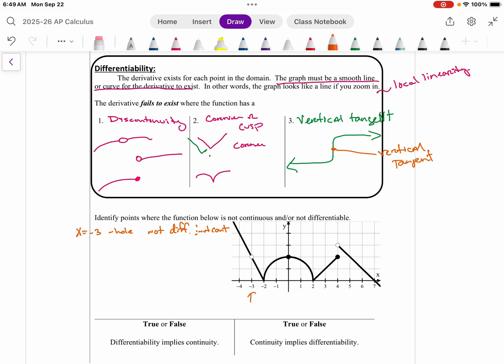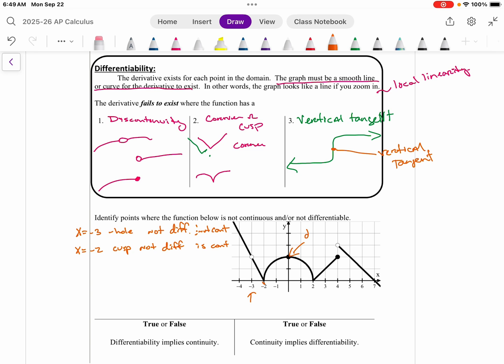The next point is x equals -2. We see here that it's continuous. However, it is a cusp in a way, so it's not differentiable, but it is continuous. Is anything happening at the y-intercept? No, it's fine.